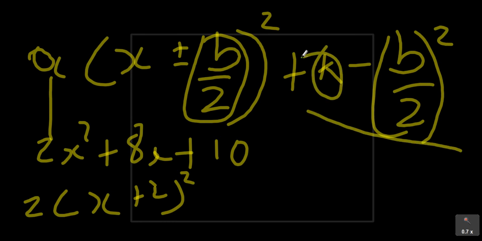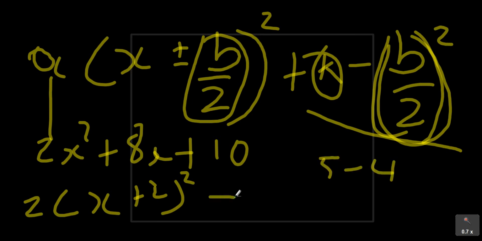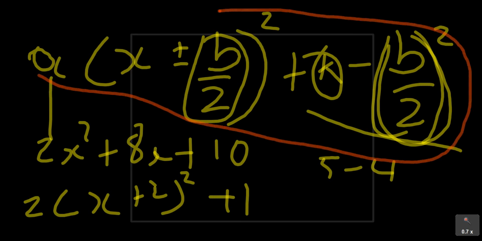We got 5 right here. We got 4 right here when we half it and square it. And so if we have 5 minus 4, we get 1. And so we can predict that our answer will always be in this form. We can predict what our answer is going to be before we finish it.